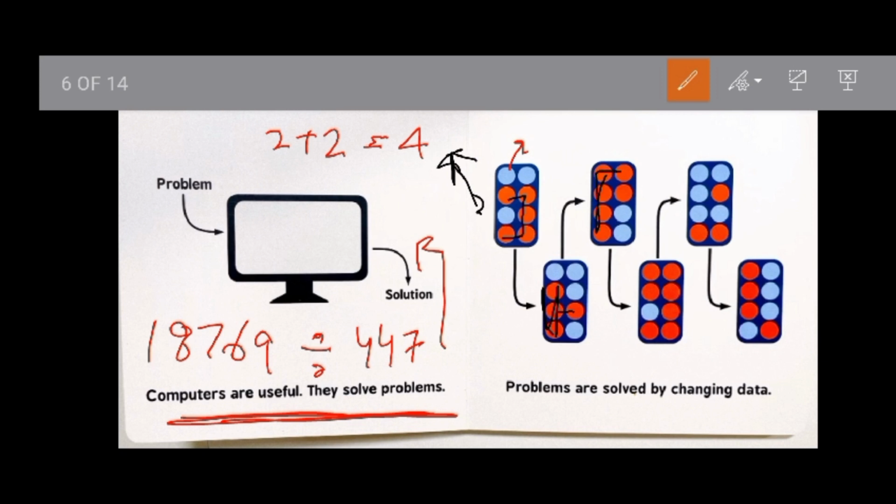Then the data changes itself to solve this problem, and by the end we just assume that this byte means 4. We started with 2, added 2, and the data somehow changes itself and we reach 4. That is how a computer is basically solving a problem by changing the data inside it.